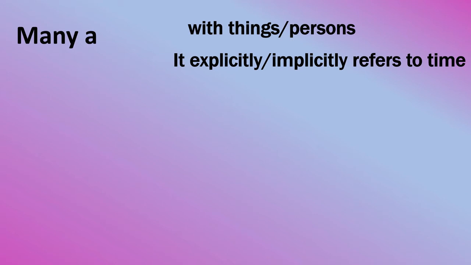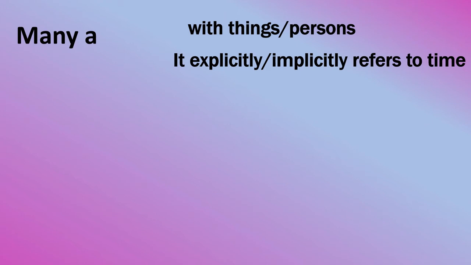We can sense it indirectly, but not directly. That's the difference between the words explicitly and implicitly. Friends, I hope you understood the difference. Coming back to our point here, many a explicitly or implicitly refers to time.